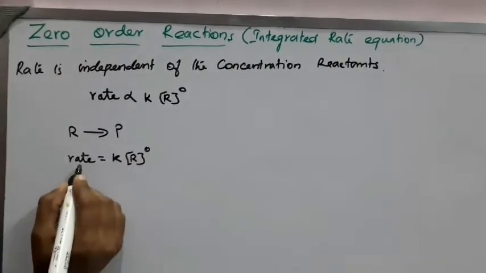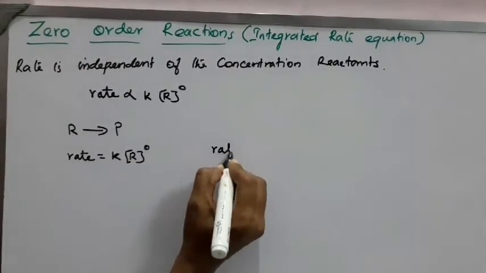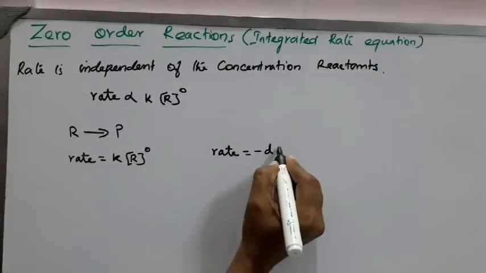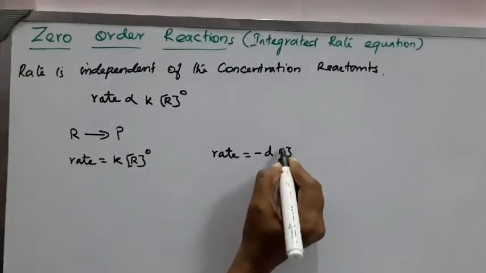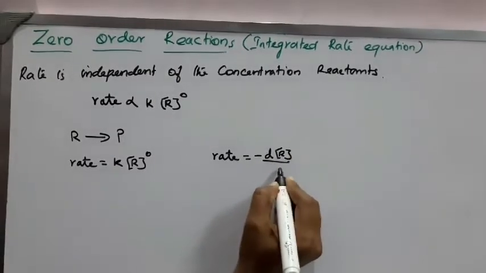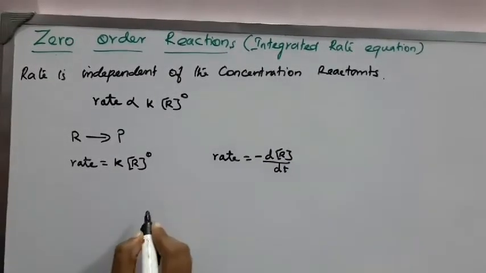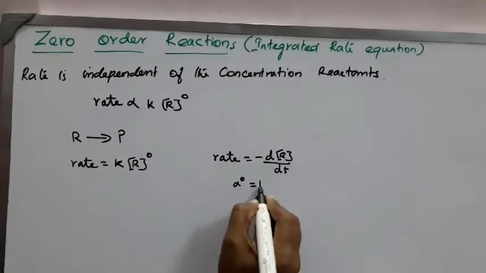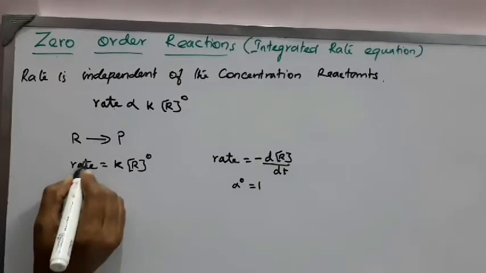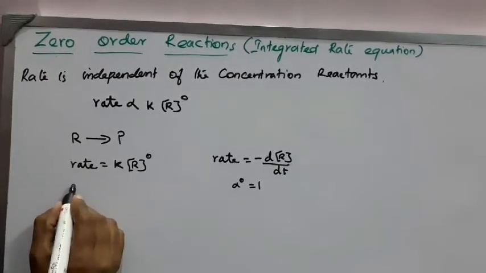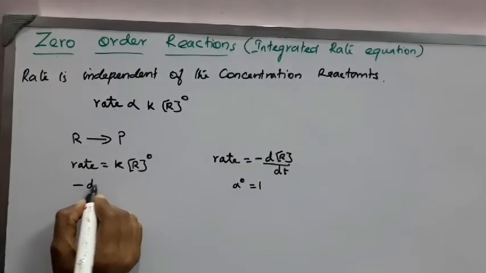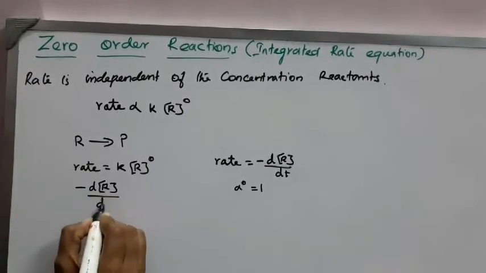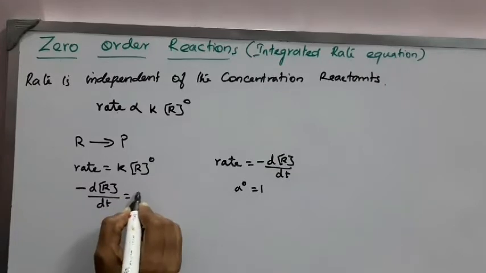We very well know that rate equals the change in concentration of reactant with respect to time. Anything raised to the power 0 we may consider as 1. So here, instead of rate we write minus d of the reactant concentration by dt equals k.